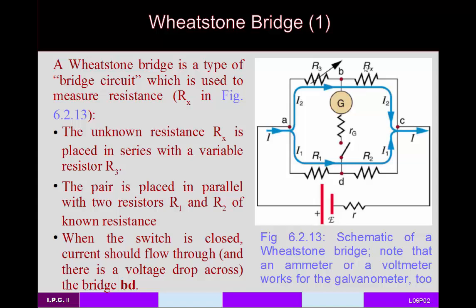You place R3 and Rx in series so that the variable resistance and the unknown are in series together, and those are in parallel with the series combination R1 and R2. Then you create a bridge, and the bridge consists of the galvanometer, which has some internal resistance, connected so that it runs from point B to point D.